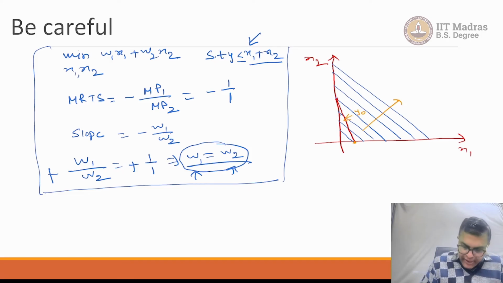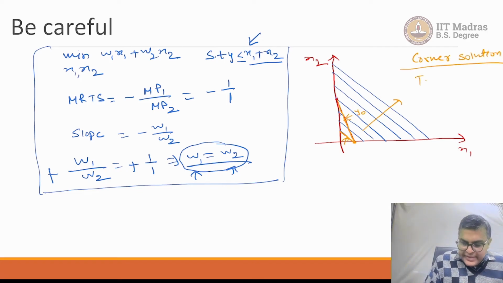And at that point, the slope of the isoquant, this is the isoquant, and the slope of the isocost line, which is this one, they are not equal. So the tangency criteria is not being satisfied. We say we have a corner solution.